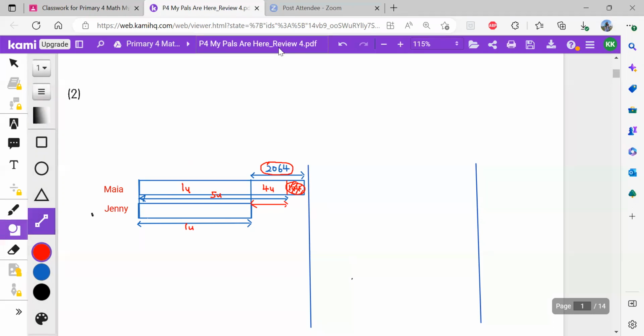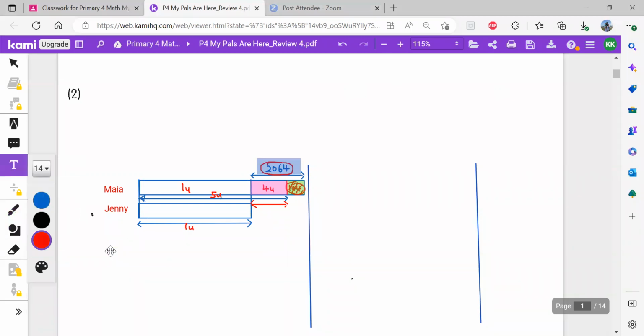Let me show you that. This is 4 units and this is 144. These two together will give me the total, which is 2064.